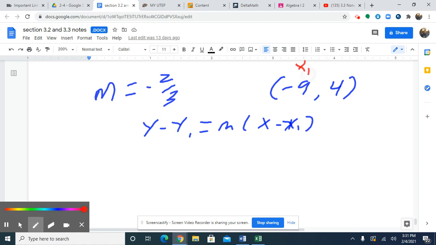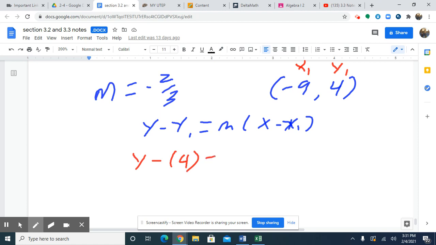We really only have one point, so we have x1, we have y1. So what we're going to do is now replace all the variables. So y minus, and we see that y1 is equal to 4. And we have the slope, which is negative 2 over 3. And then inside the parentheses, we have x minus, and then we see that x1 is negative 9.